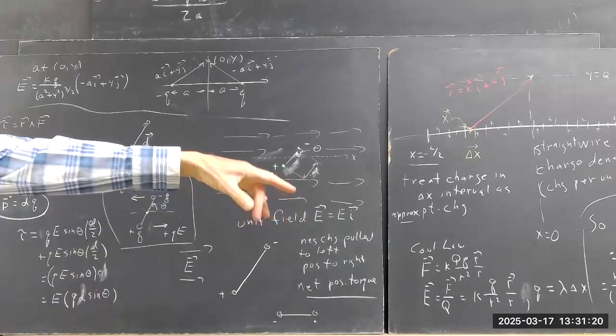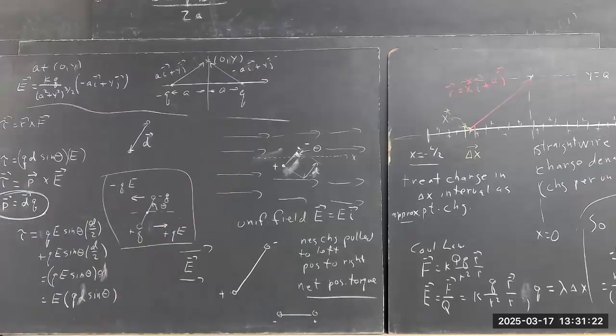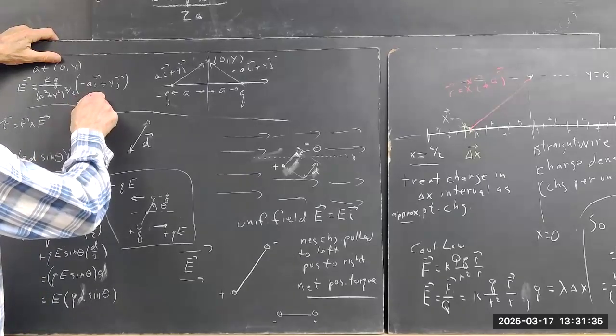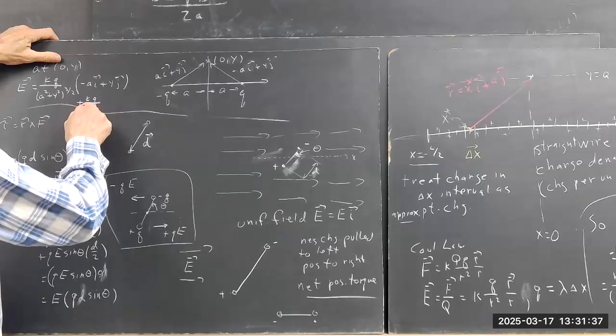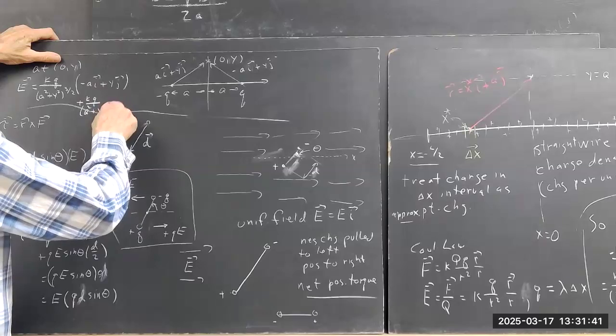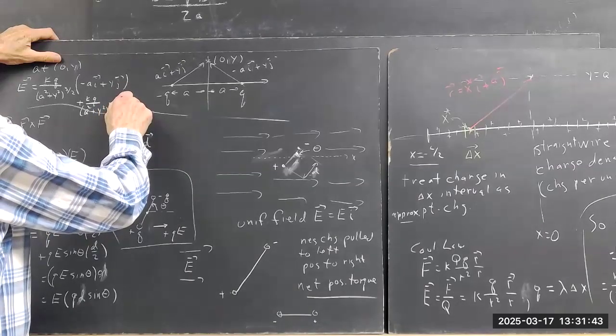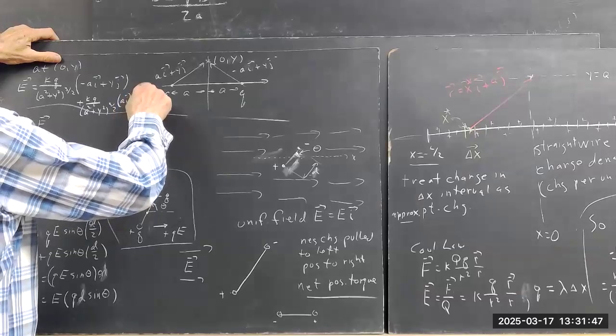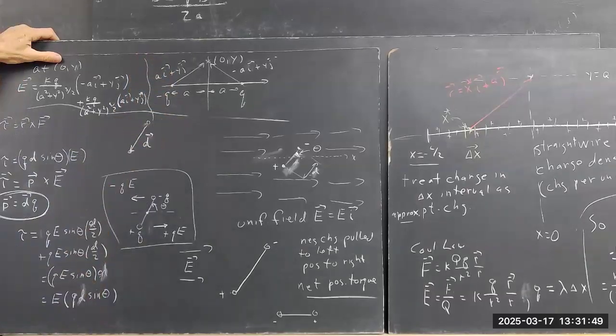And in terms of what we wrote down previously, dealing with the line charge, it should be clear where all these things come from. It's going to be plus AQ over A squared plus Y squared to 3 halves times AI plus YJ.